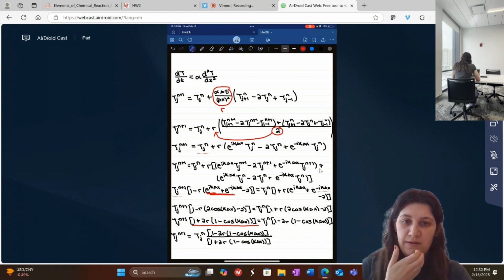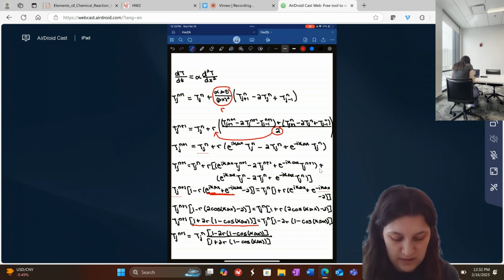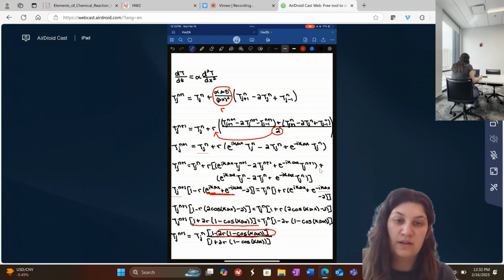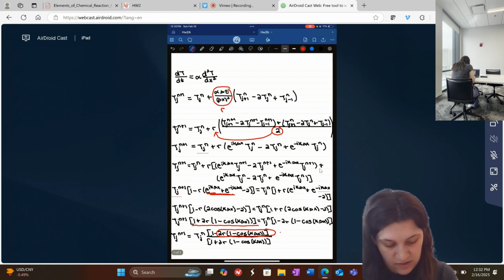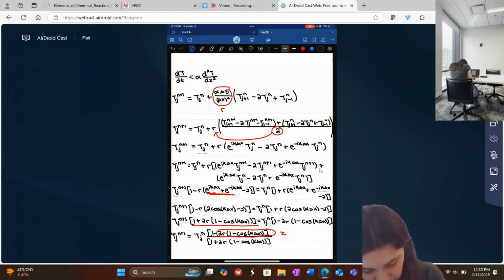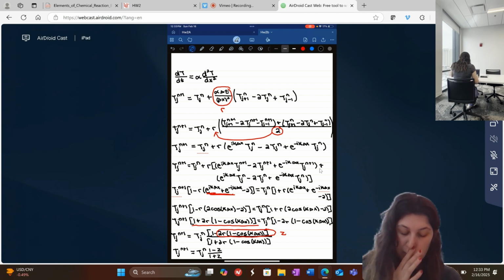Here we now have 2r times 1 minus cosine terms, so we can assign that some variable that we call z. When we do that, we end up with Tj n+1 equals Tj n times 1 minus z over 1 plus z.